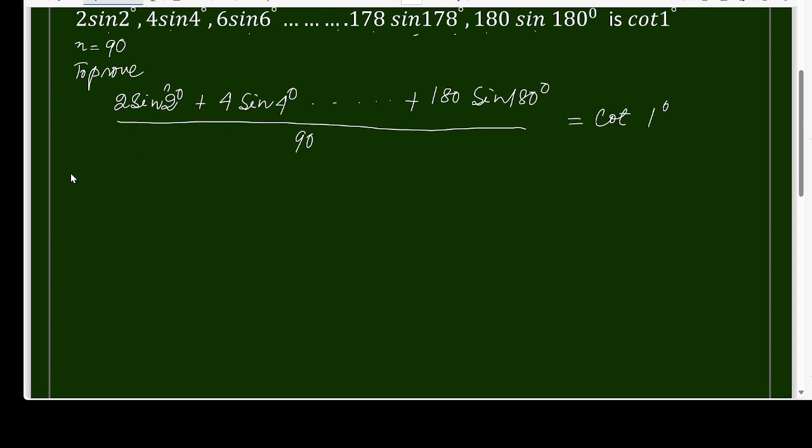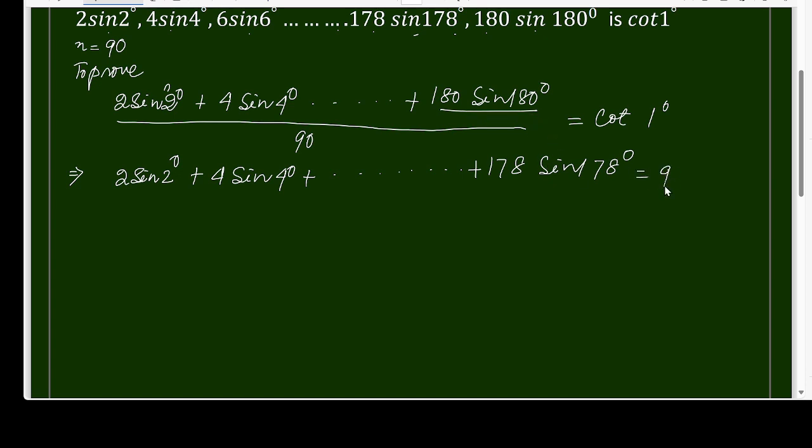Or this implies that to prove 2 times of sine 2 degree plus 4 times of sine 4 degree up to 178 times of sine 178 degree, because the last term will be 0, is the same as, taking the right side, 90 times of cot 1 degree.